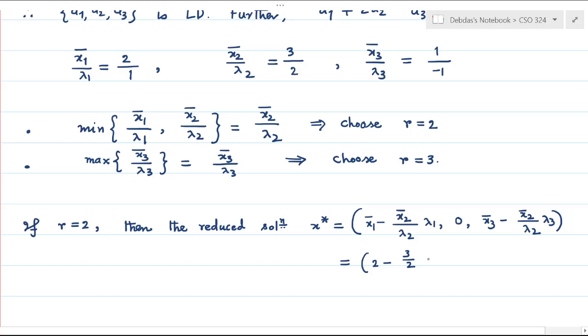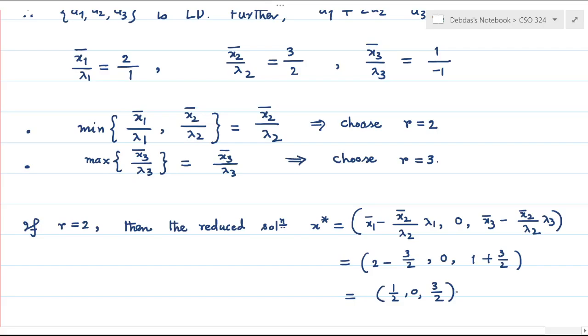So 2 minus 3 by 2, then 0, then x3 is 1 minus x2 bar by lambda 2, which is 3 by 2, into lambda 3. Lambda 3 is minus 1, so here it will be plus. Fine. So this will be equal to half, 0, 3 by 2.